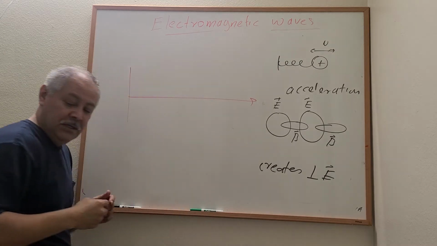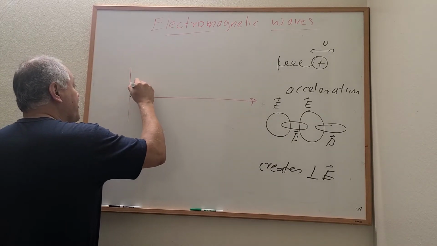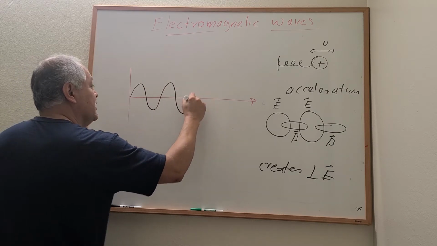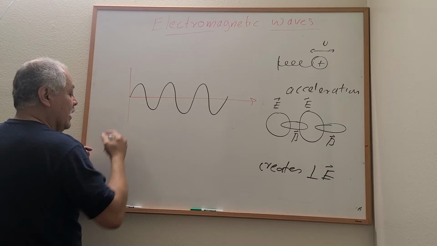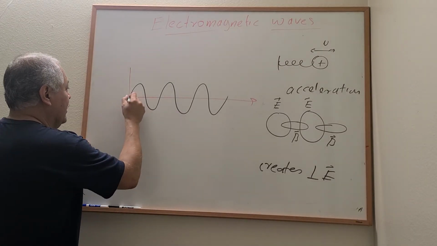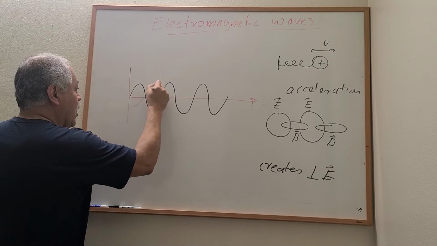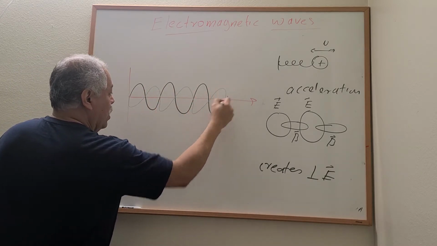This is the direction of propagation, right? And then we have, let's say, the electric field, and also we have the magnetic field. Let's say the magnetic field goes in this way.